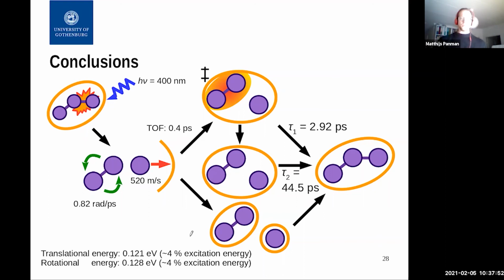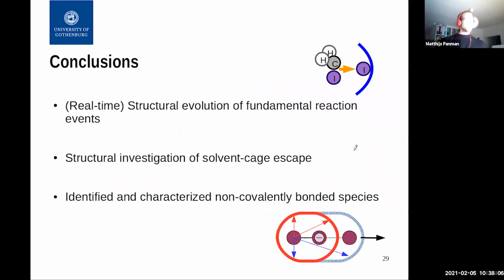Other parameters that we found, most importantly, we managed to find out what state X is, which is a vibrationally cooled geminate pair, which recombines slower to form the ground state. And more generally, we've observed the real-time sub-picosecond structural evolutions of photodissociation reactions. We've made a start with studying the solvent dependence on the dissociation reaction, and therefore the cage escape phenomenon.